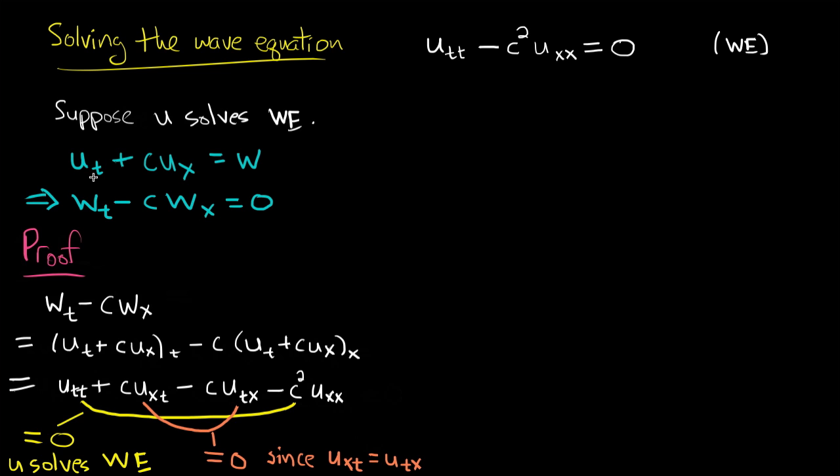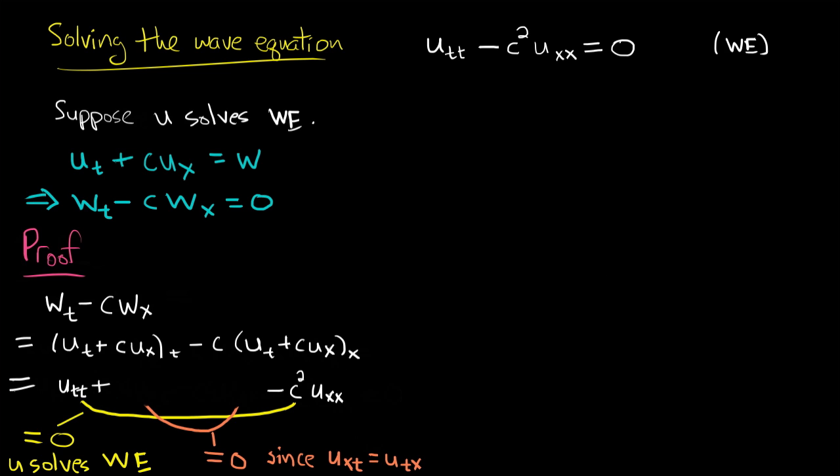So in other words, if we define two functions U and W by these two differential equations, then U must be a solution to the wave equation. And the easiest way to see that is really just to erase the two terms that we know are always 0, independent of the wave equation. And we see that if UT plus CUX equals W, then WT minus CWX is the wave equation in U. So the only way that WT minus CWX is 0 is if the wave equation is satisfied by U.